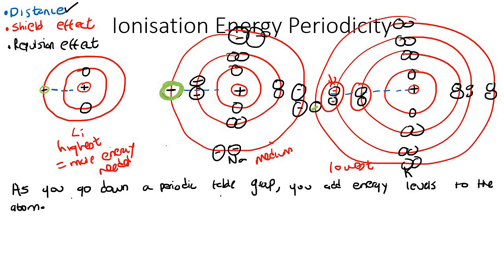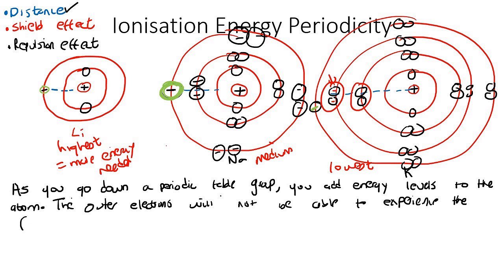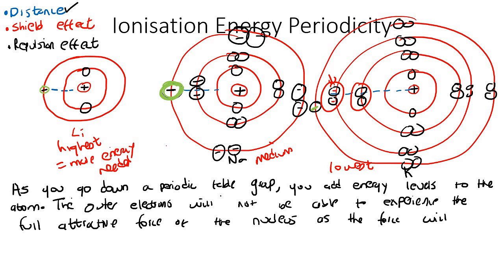Okay, so I'm going to leave the first part. As you go down a periodic table group, you add energy levels, so that stays the same. Now for the shielding effect, what happens is that the valence electrons, or the outer electrons, let's just call them outer electrons, will not be able to experience the full attractive force of the nucleus, as the force will be shielded or blocked by layers of inner electrons.